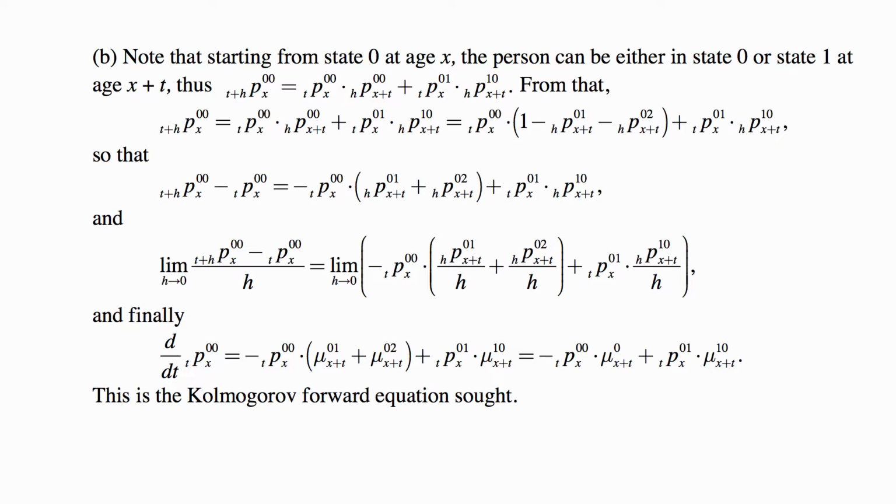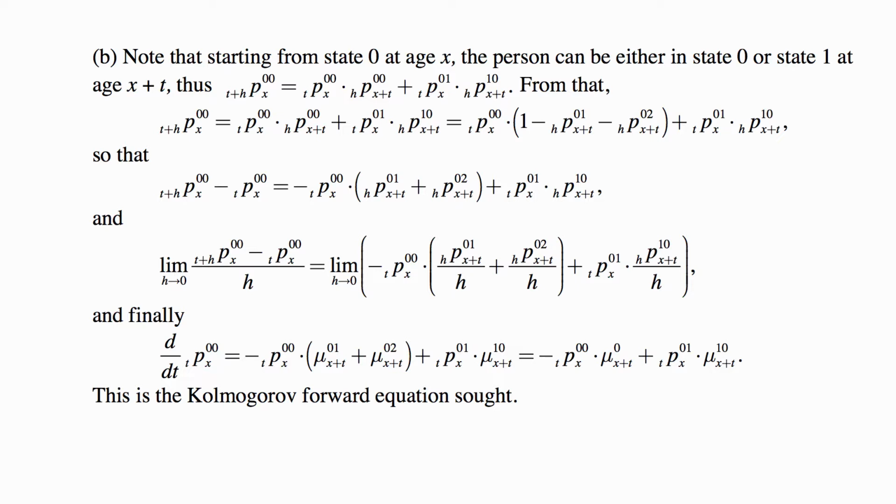So what we get is that the derivative of tpx00 is minus tpx00 times the sum of all forces of transition that take a person out of state 0. What do we call that sum? We call it the total force of transition out of state 0, and it's denoted by mu x plus t upper 0.